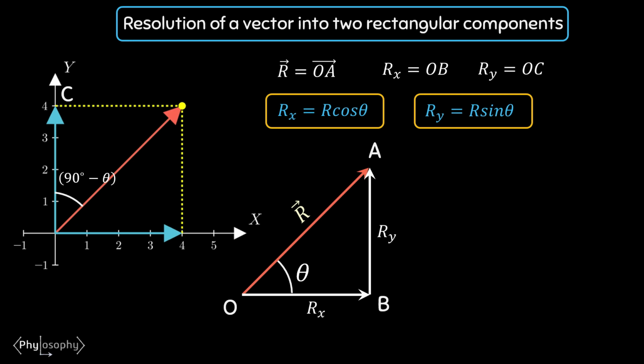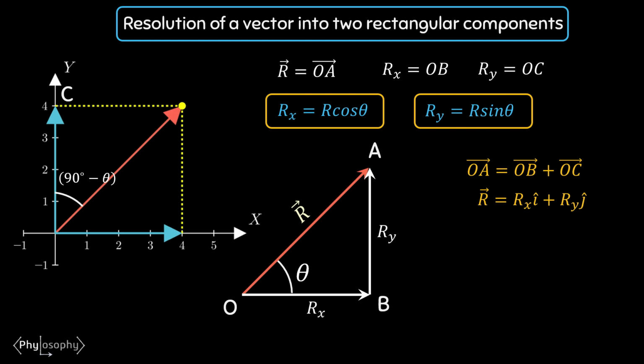Now if we apply the triangle law of vector addition in this triangle, then we can write OA is equal to OB plus OC. Now if i cap and j cap denote the unit vectors along x and y direction, then we can write vector r equals Rx i cap plus Ry j cap.